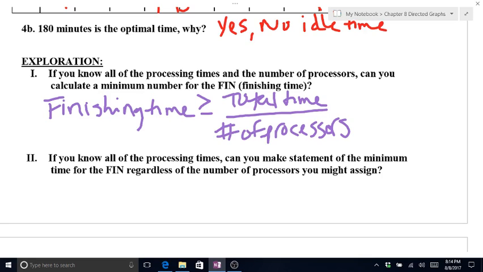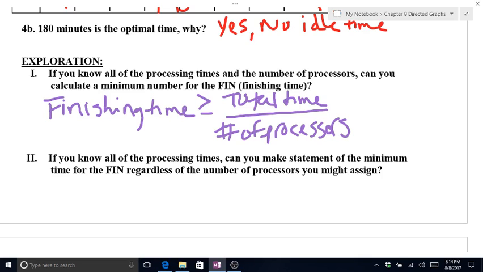If it's less than your biggest task, you've got to go by the biggest task time. And sometimes it's not always accurate either because you don't have the task split enough that you can even it out. If you know all of the processing times, can you make a statement of the minimum time for the finish regardless of the number of processors you might assign?